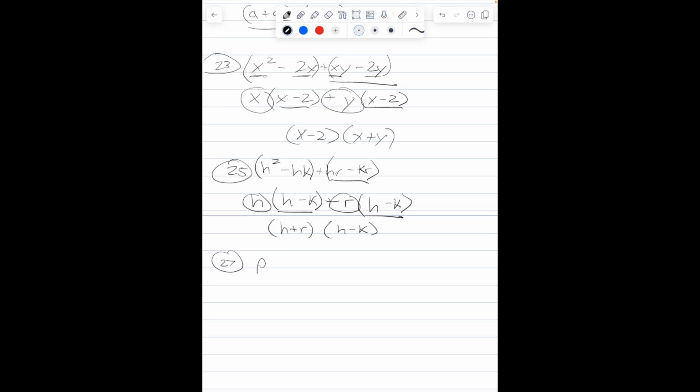All right, number 27. P to the third minus 2p squared plus 4p minus 8. Can you see where we should group these? If I do that, I can take a p squared out.